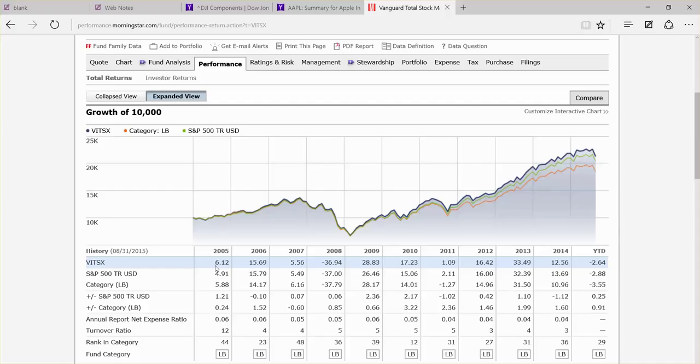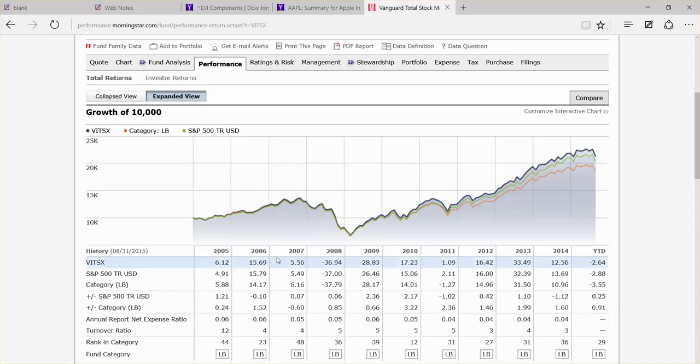So in 2005, it generated a return of 6.12%. 2006, let's say about 16%. 2008, when the market crashed because of the financial crisis, this fund lost about 37% that year. But since then, it's done okay. It's done just fine. Although this year, which YTD is year to date, this year's not going great for it. But we still have a couple of months. Maybe the year will end up positive.